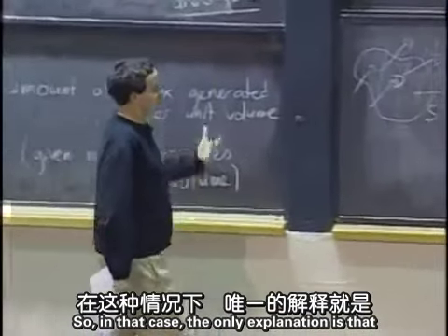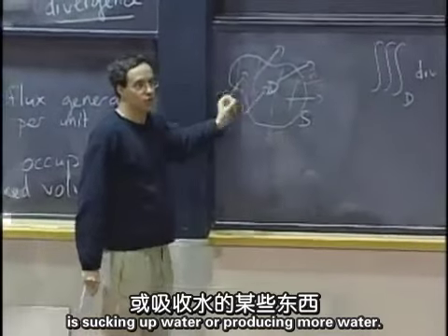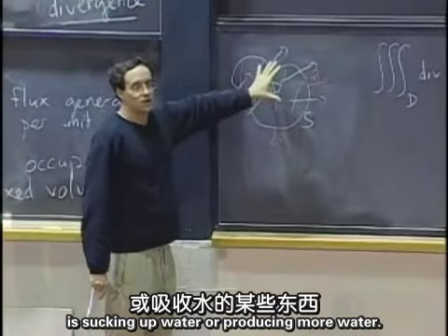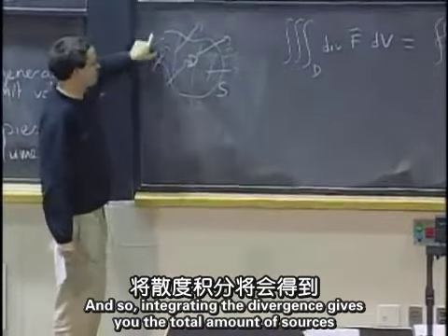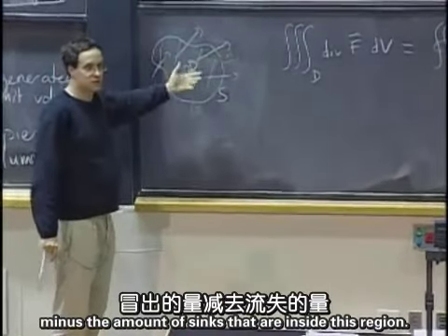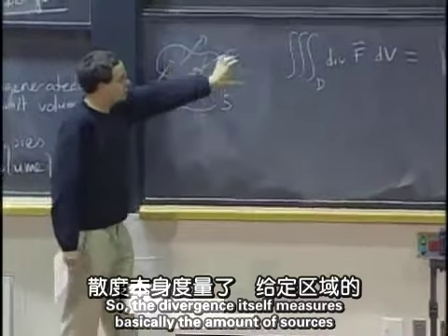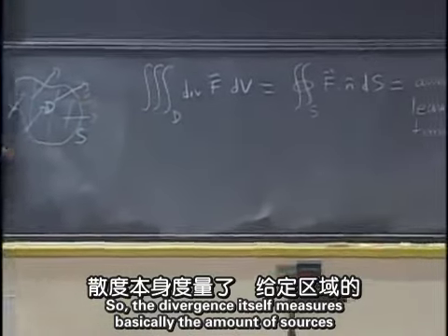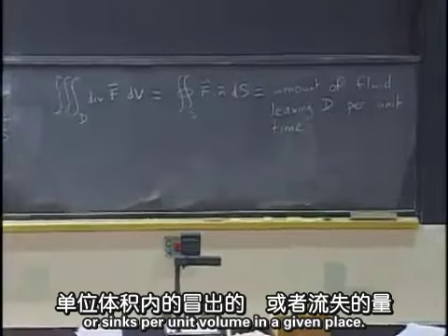So in that case, the only explanation is that there's something in here that actually is sucking up water or producing more water. And so integrating the divergence gives you the total amount of sources minus the amount of sinks that are inside this region. So the divergence itself measures basically the amount of sources or sinks per unit volume at a given place.